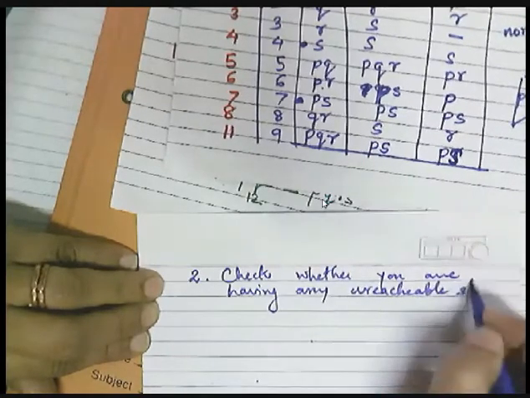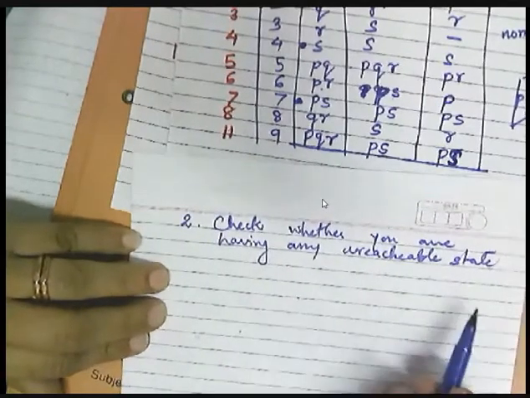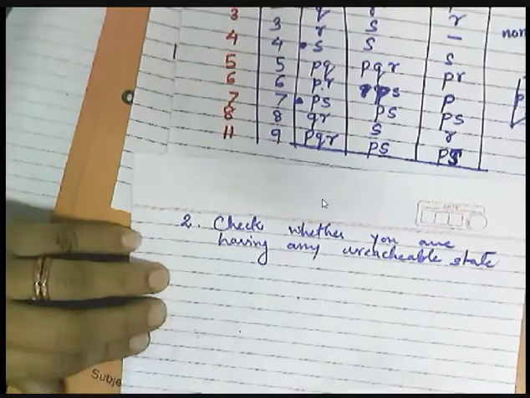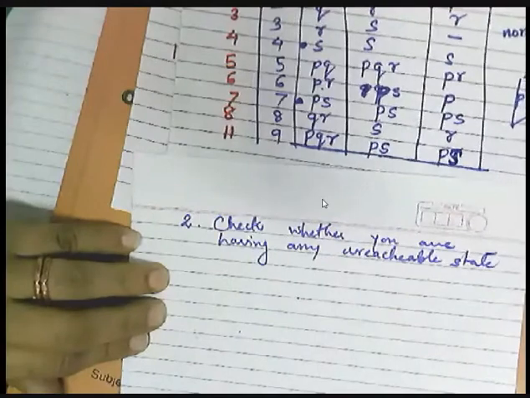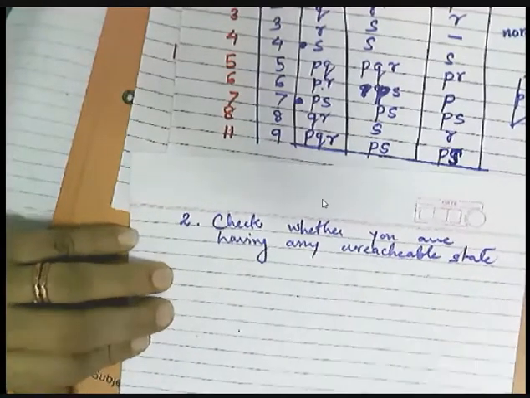What do you mean by this? Again with the diagram I will tell you. Unreachable state means from starting to final state, if you don't have any transition, then those states are called unreachable states.